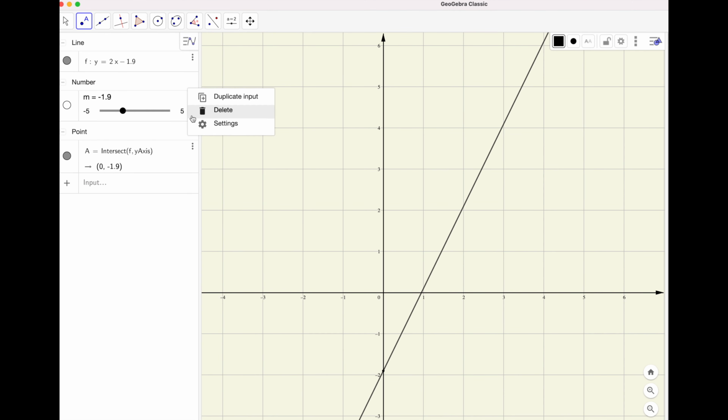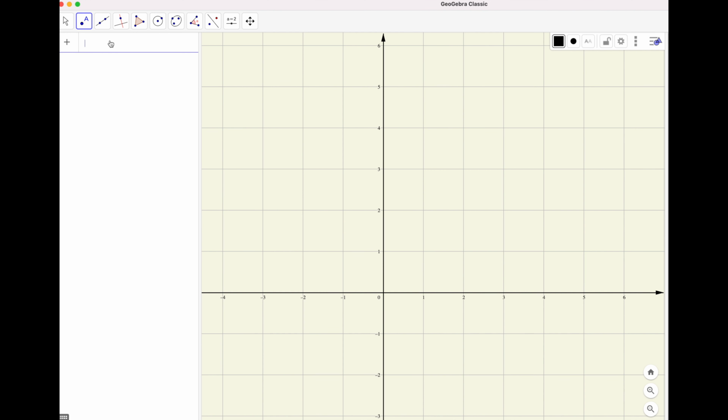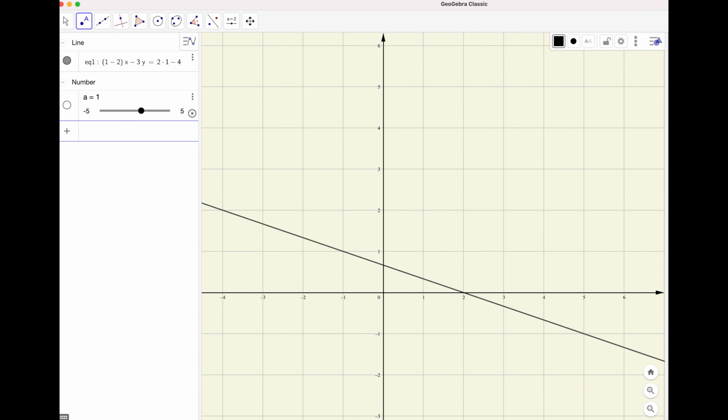Okay, so let me get rid of everything here. Hopefully GeoGebra can do this. So the equation was (a minus 2) times x, and then minus 3y equals 2a minus 4. Yes? Okay, good.